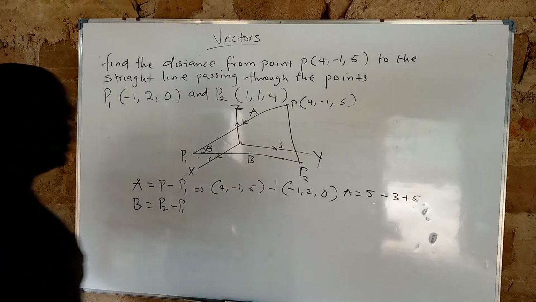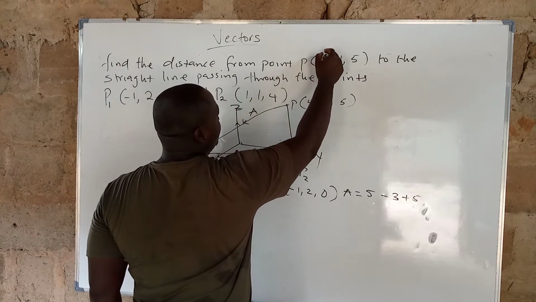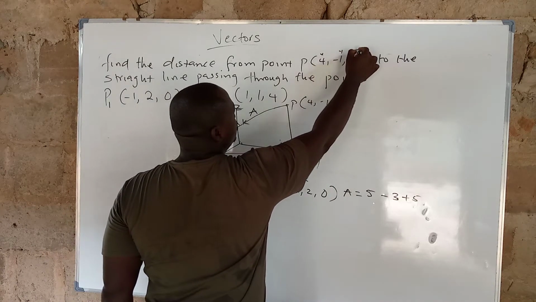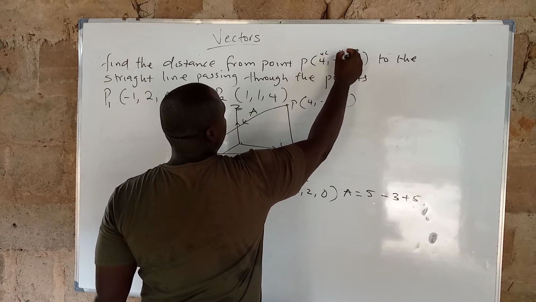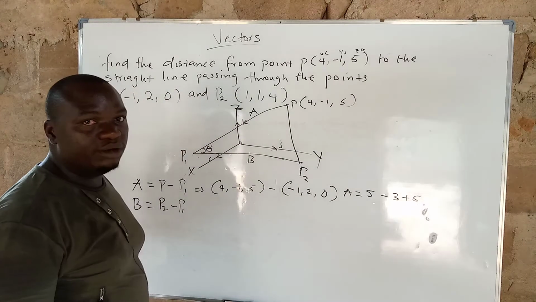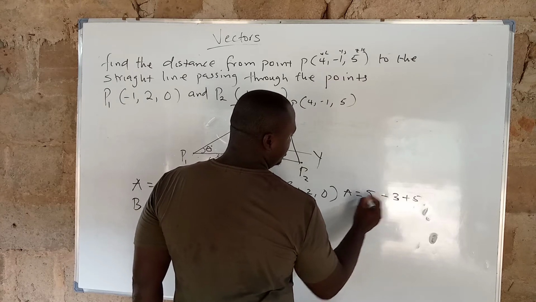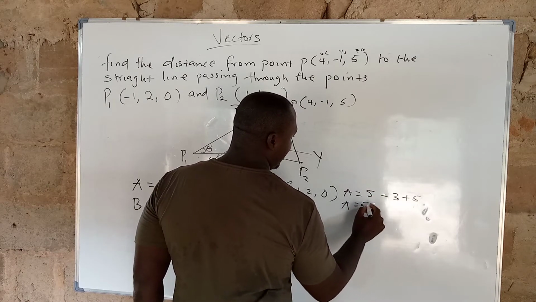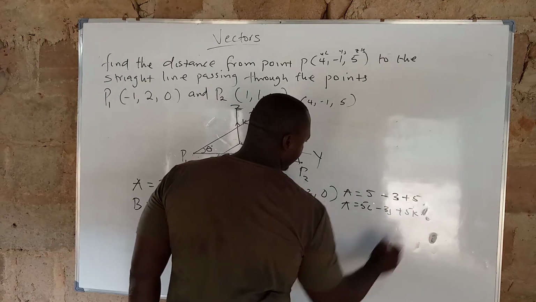And as far as this is vector, it means that from here, this is X, this is Y, and this is Z. That means here is also I, here is also J, and here is also K. Remember, we are still on vectors. And so your answer here should give you A is equal to 5i minus 3j plus 5k.